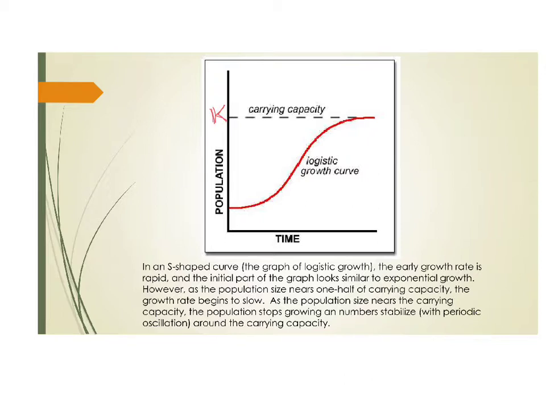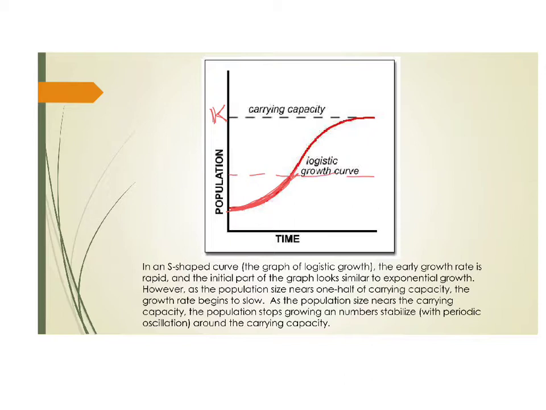There it is. In an S-shaped curve, the graph of logistic growth, the early growth rate is rapid, and that's what you're seeing right here. The early growth rate is rapid, and it looks kind of like we're beginning a J curve here, right? But as we approach about half of the carrying capacity, so as we approach about right there, we begin to slow down.